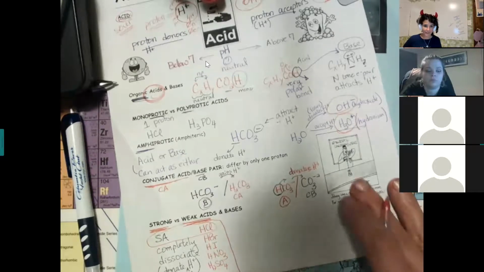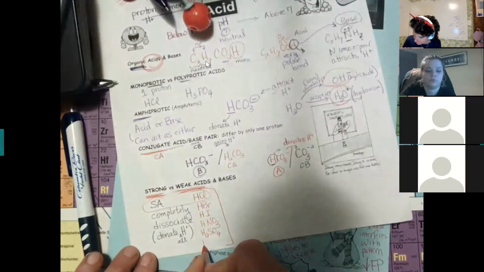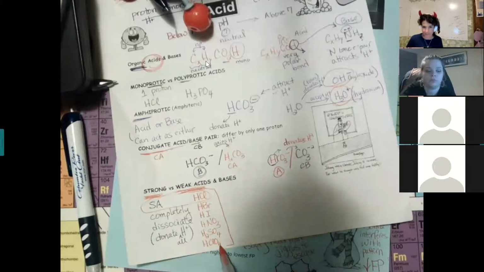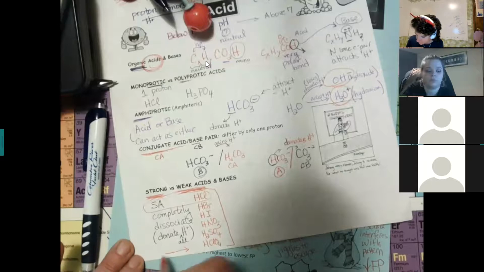H2SO4 and HClO4. Notice, especially here, we get to the ones that have lots of oxygens, because the oxygens are really pulling, which makes this a very polarized bond. And halogens really pull. But notice HF is not on there. So these are the strongs. You put them in water, they completely dissociate. That means it's a one-way reaction.